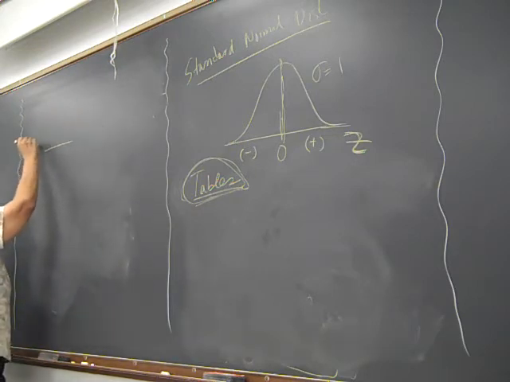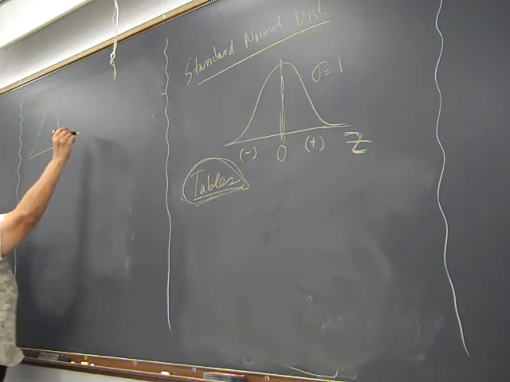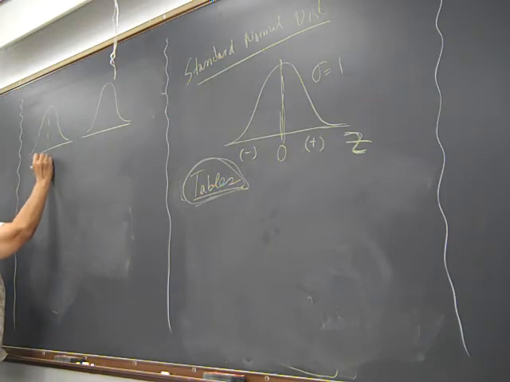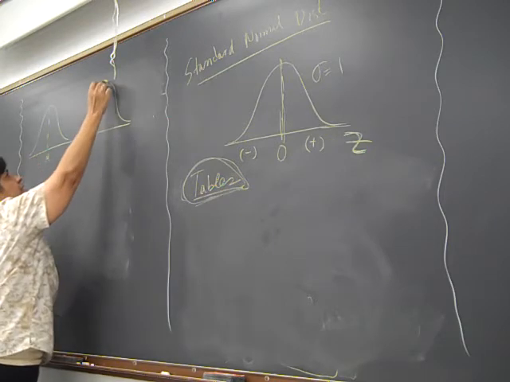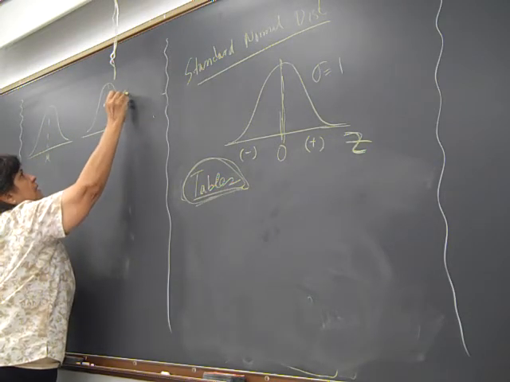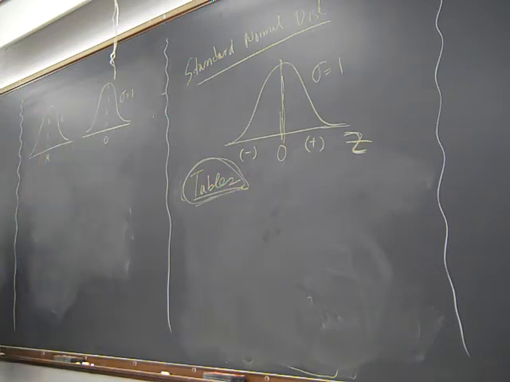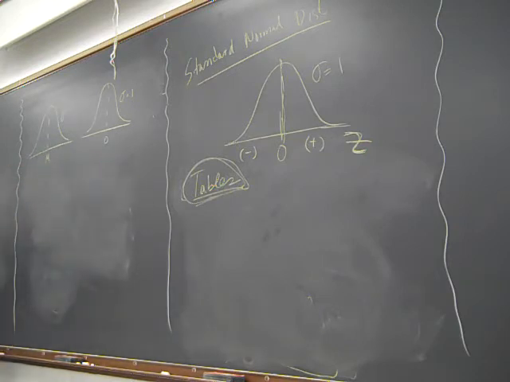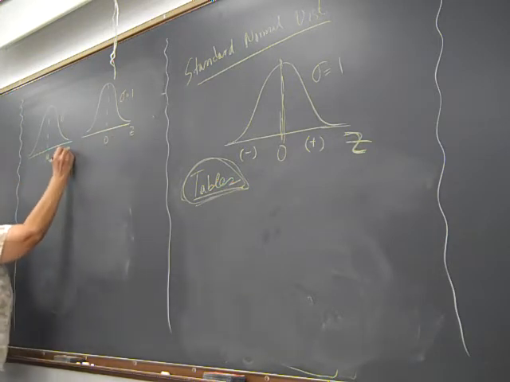We need to find a way in which we can translate a regular normal distribution into a standard normal distribution, and that is one simple formula. This is z and this is x.